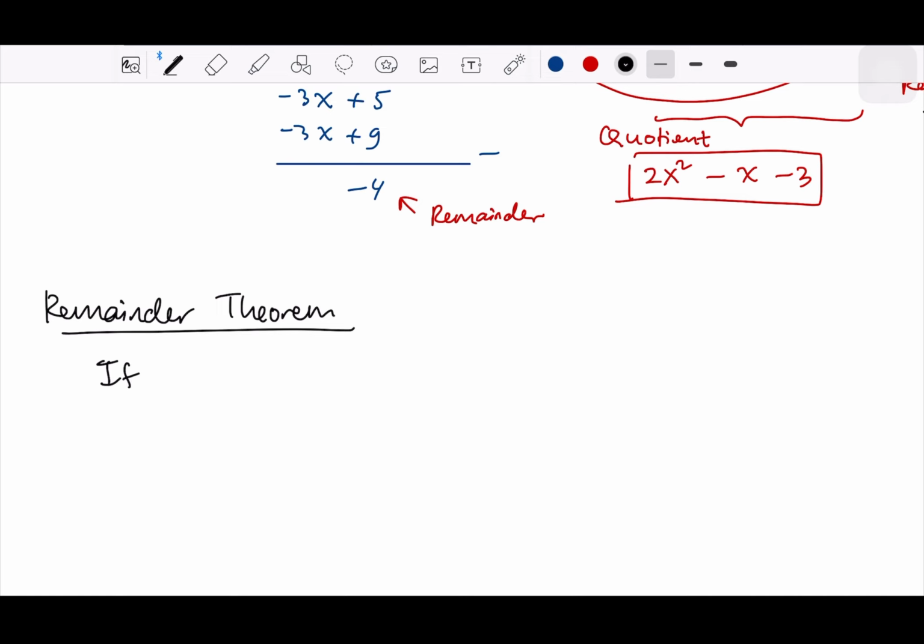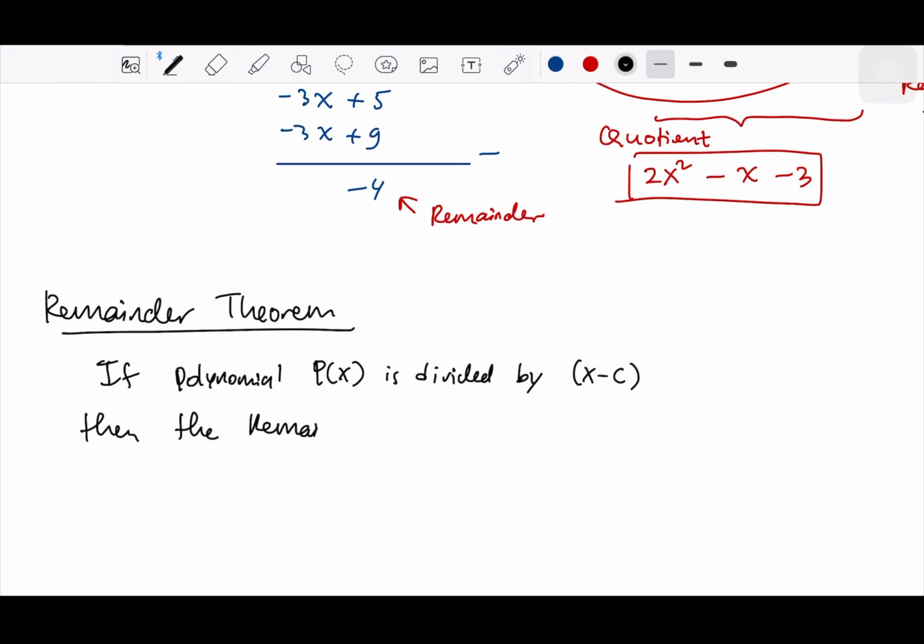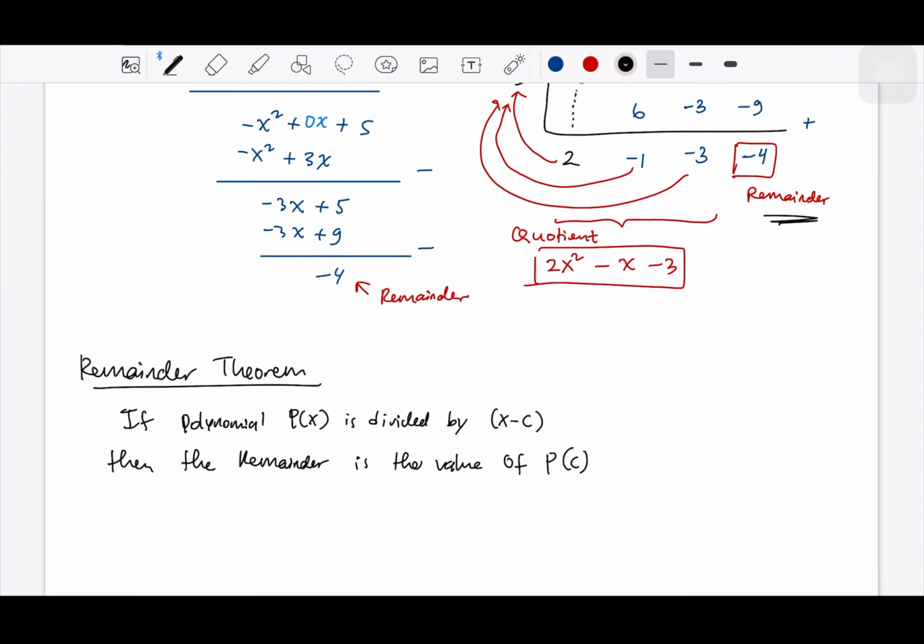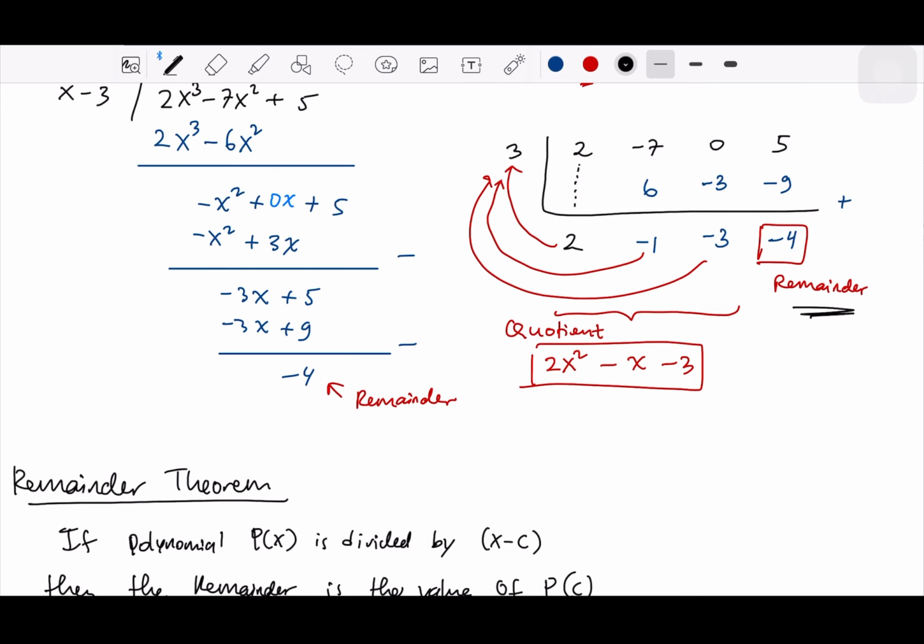If polynomial p of x is divided by x minus c, then the remainder is the value of p of c. We could imagine from this part here, when we take p of 3, it means we are going to have this.